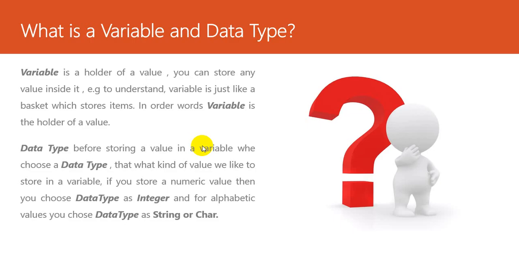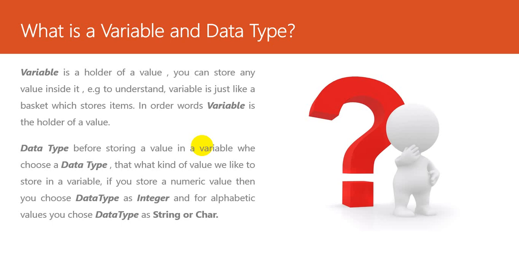What is variable and data type? If you are already familiar with C and C++, then you can skip this video, and if you are new and want to learn, then you can stay here and let's see what is variable. Variable is a holder of a value. You can store any value inside it. Let's take an example of a basket.